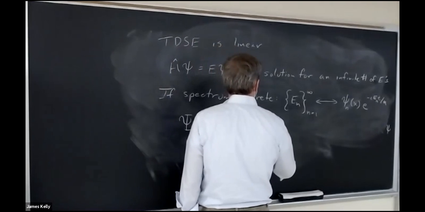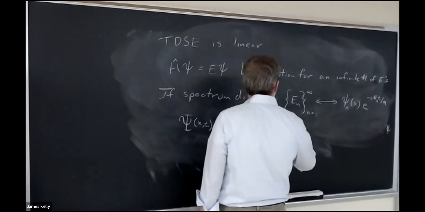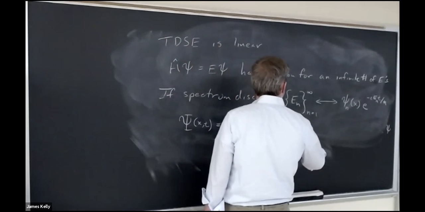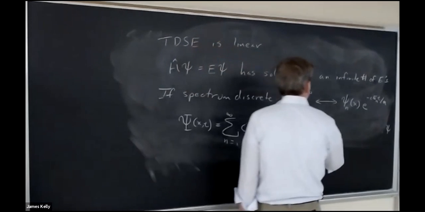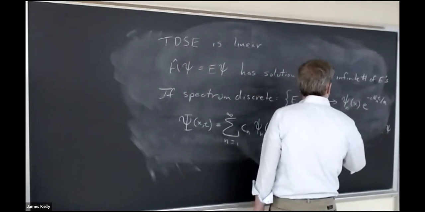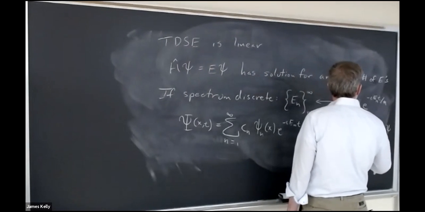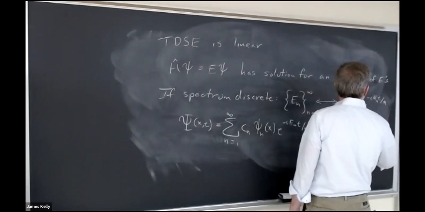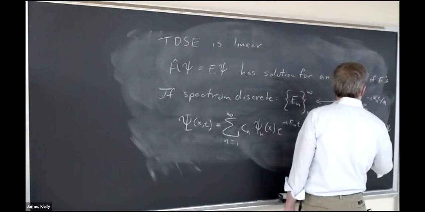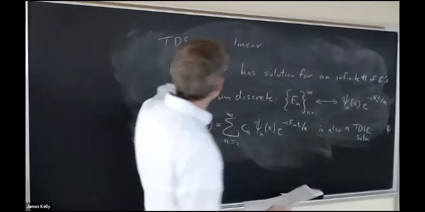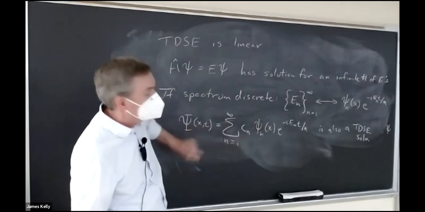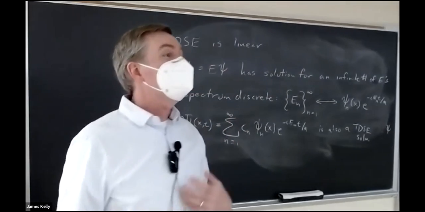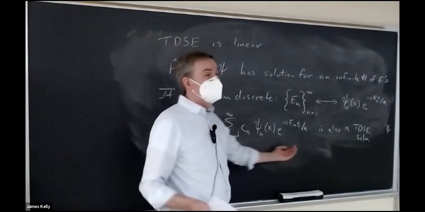Times each of these, psi n of x, e to the minus i En t over h bar, is also a TDSE solution. That's because the time-dependent Schrodinger equation is linear. If each one of these is a solution, any linear combination is a solution. And it turns out this is the most general solution.